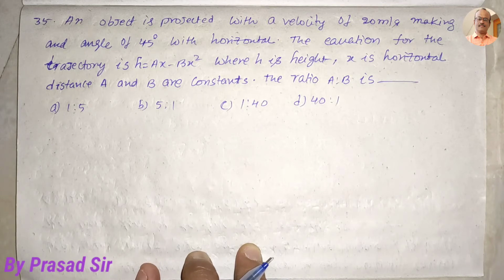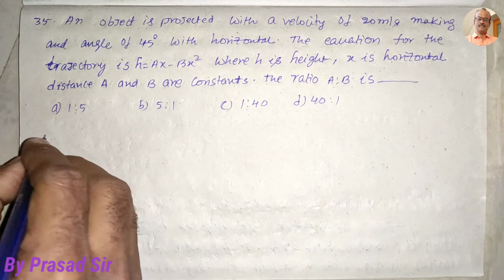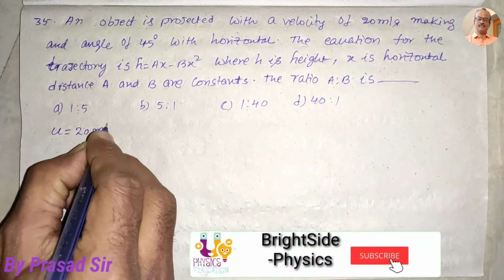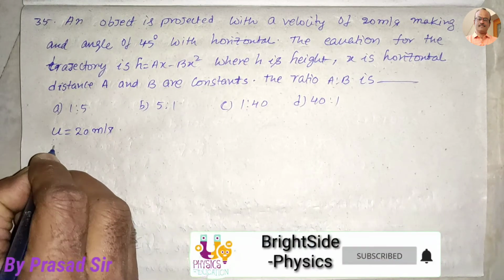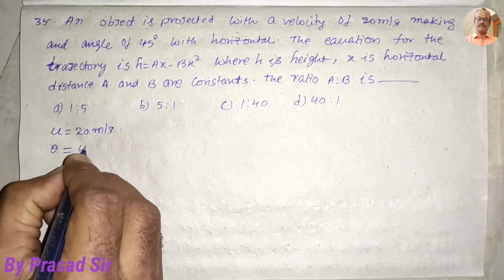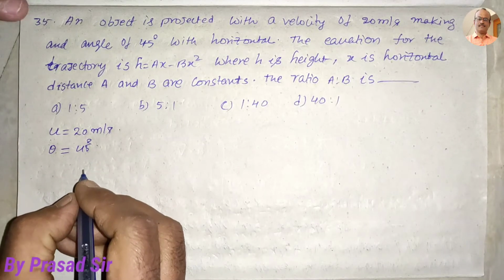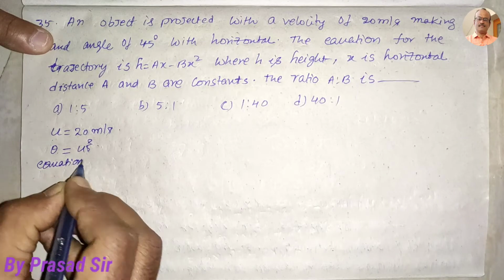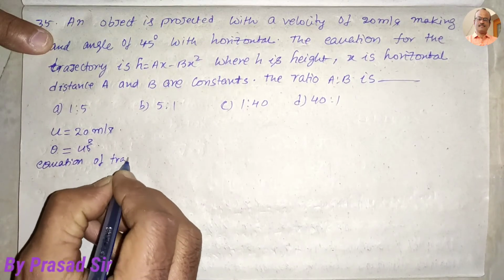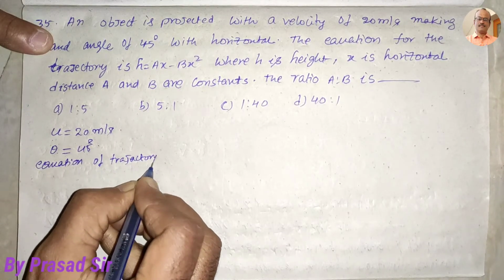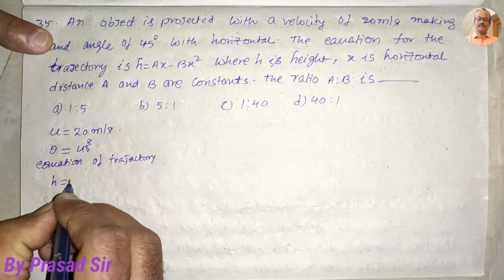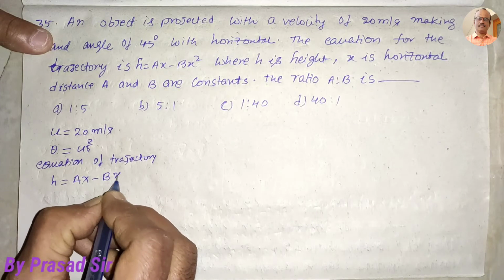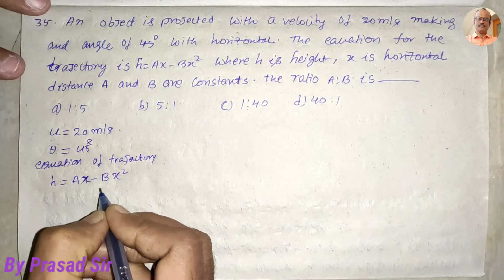So first of all, what are the given values? Here it is projected with a velocity u is equal to 20 meters per second, and with an angle of 45 degrees to the horizontal. But here the equation of trajectory is given. Trajectory is nothing but path. h is equal to ax minus bx².